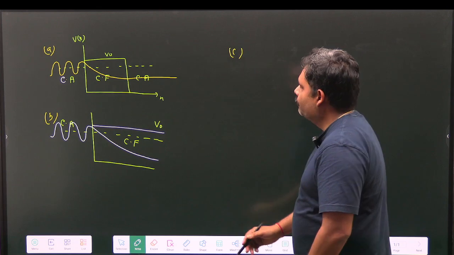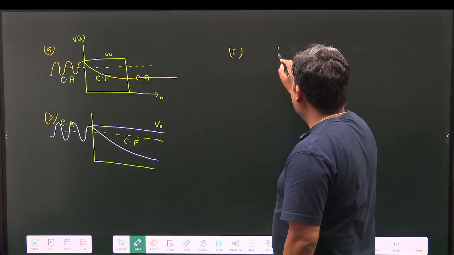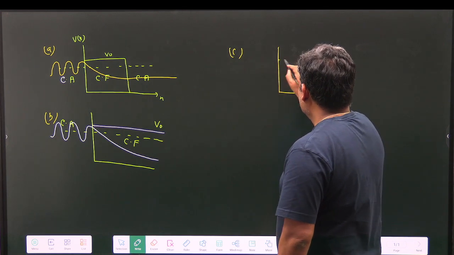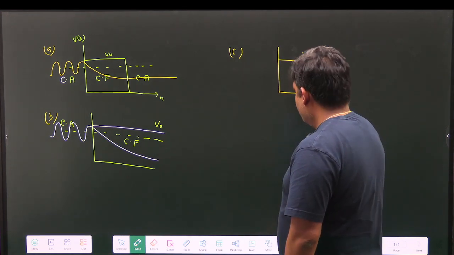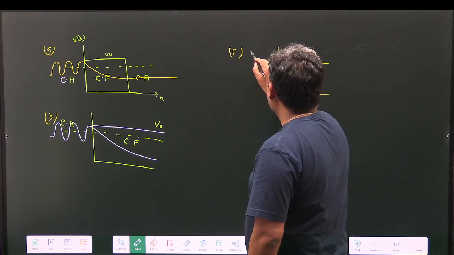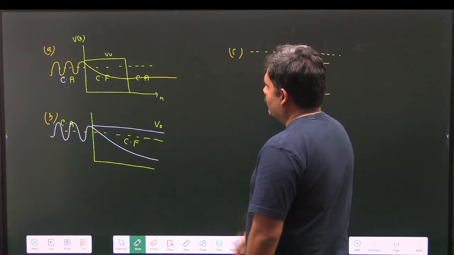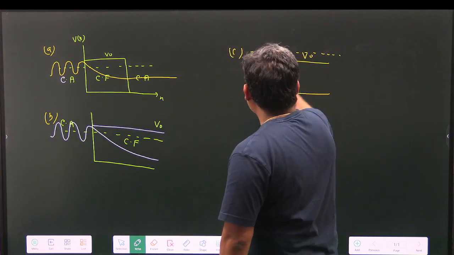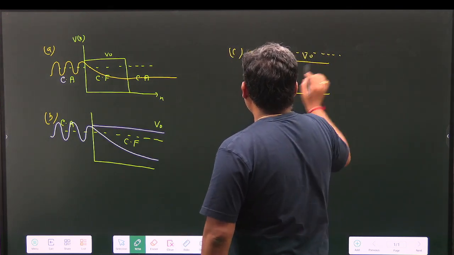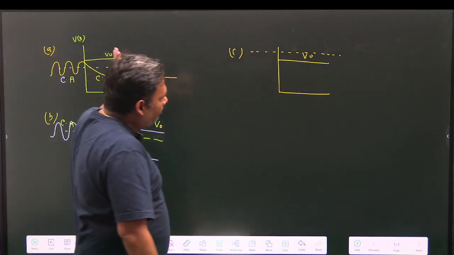When we go for option number C, again we have a step potential. This is my V naught, but the energy is more than V naught. So all regions are classical allowed regions. What will happen? The particle will come from minus infinity.